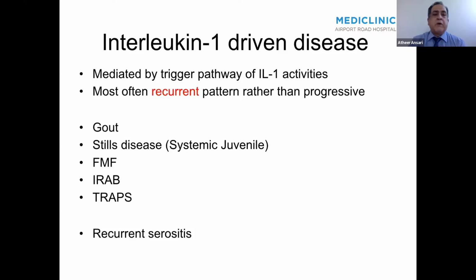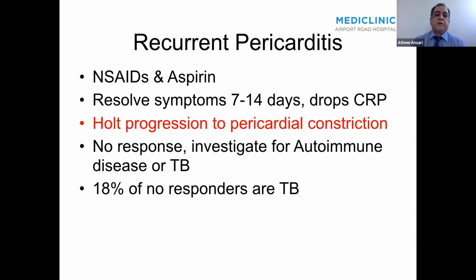Similarly, FMF attacks are also triggered by environmental factors. Still's disease can have bouts up and down, and so on. So IL-1 driven diseases are mainly episodic, and pericarditis of this type behaves the same way. It is recurrent. And recurrent pericarditis, usually treated with anti-inflammatories, could respond in 7 to 14 days. It can drop the CRP as well, or maybe it's the self-limiting nature of the attack itself.